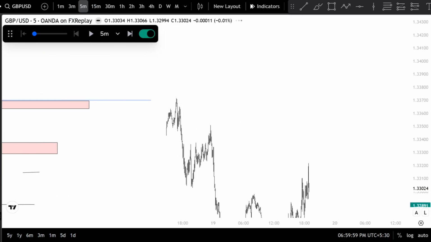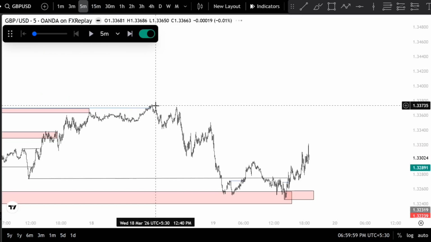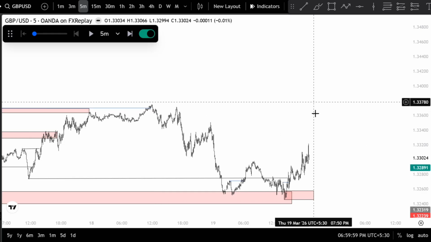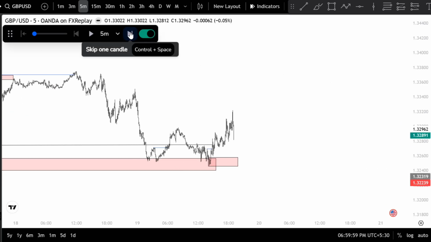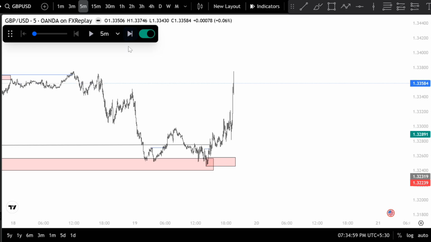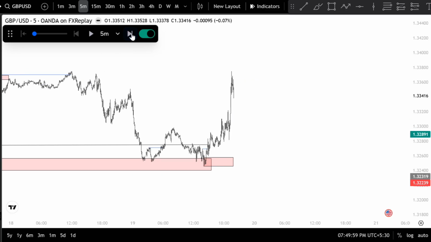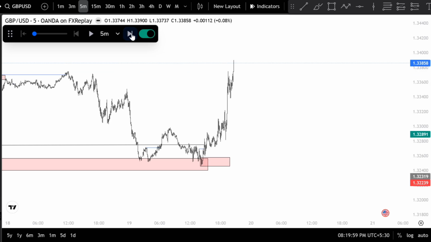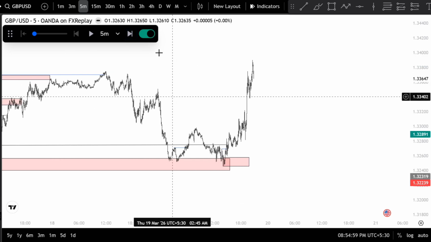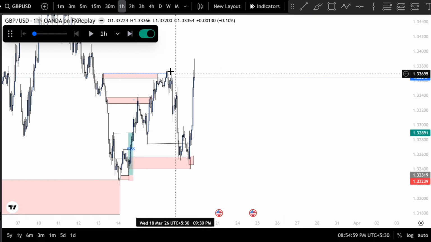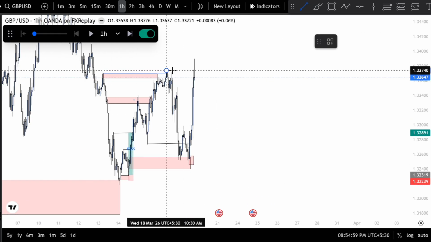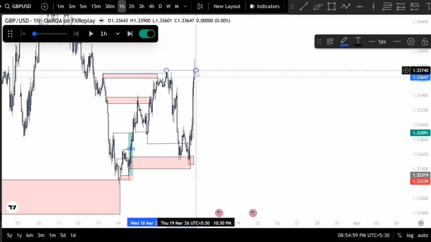We still have the target here, so it's all right, unless price wants to sweep this high, and then this entry will become invalid. Okay, price expanded, guys. All right, so now this trade is invalid. This setup is invalid. Why? Because it already swept the highs, right?